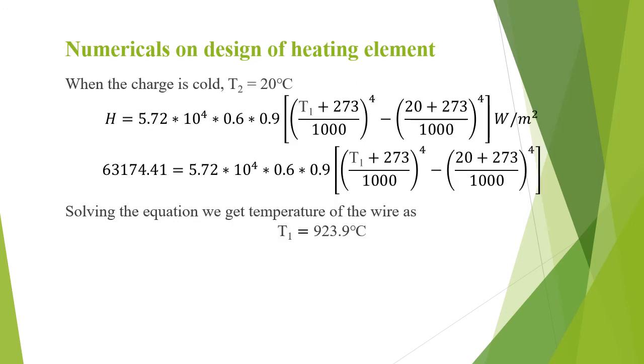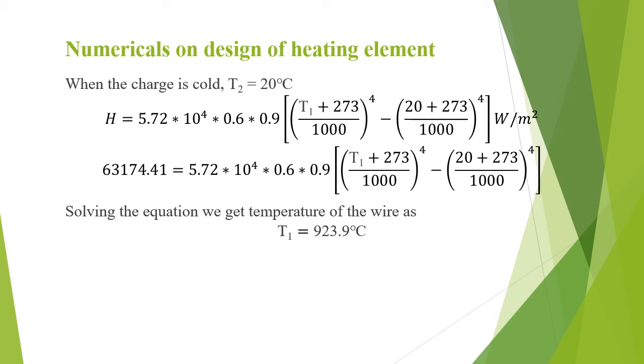So next part, when the charge is cold. We will assume the temperature T2 as 20 degrees Celsius. Now we are supposed to find the value of T1, that is the temperature of the hot body, given the value of T2 as 20 degrees Celsius. So we have the heat radiated from the hot body equation H equal to 5.72 into 10 to the power 4 into 0.6 into 0.9 into ((T1 plus 273) by 1000) to the power 4 minus ((20 plus 273) by 1000) to the power 4.